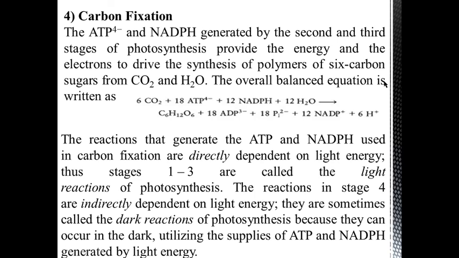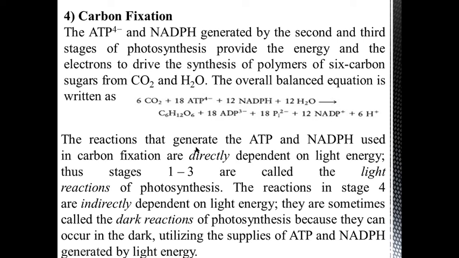The overall balanced equation is written as: 6 carbon dioxide plus 18 ATPs plus 12 NADPH plus 12 water molecules are required for the synthesis of a single molecule of glucose, and 18 ADPs, 18 inorganic phosphates, 12 NADP and 6 protons are produced.